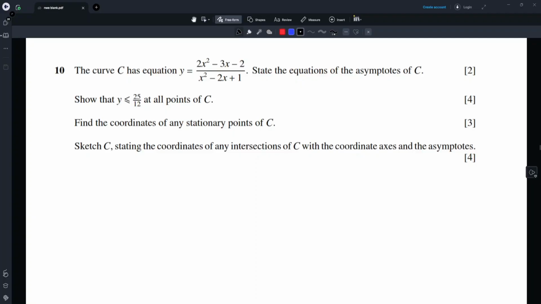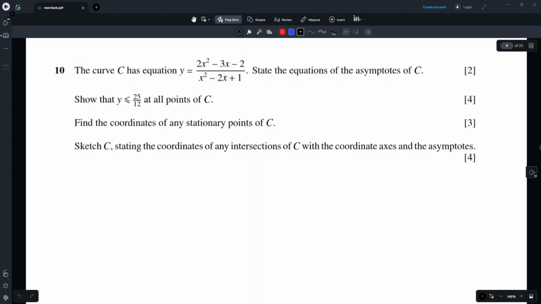I mean, there's going to be three asymptotes. Two of them parallel to the y-axis and one of them parallel to the x-axis. If the numerator's power was larger, the whole thing would be improper, and the curve would have an oblique asymptote.